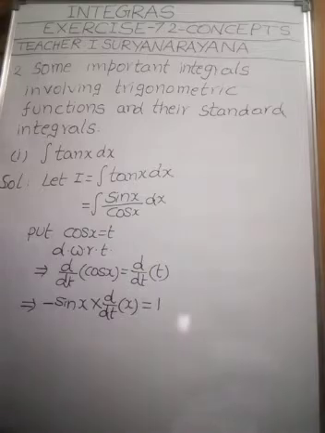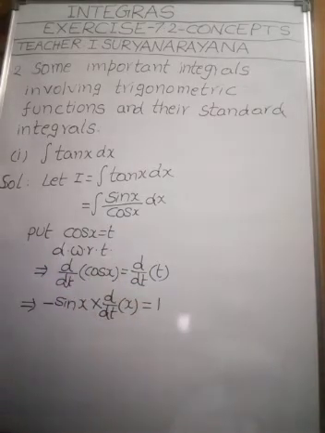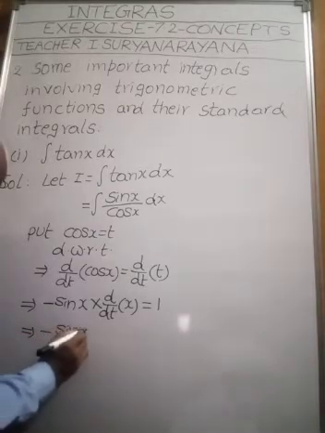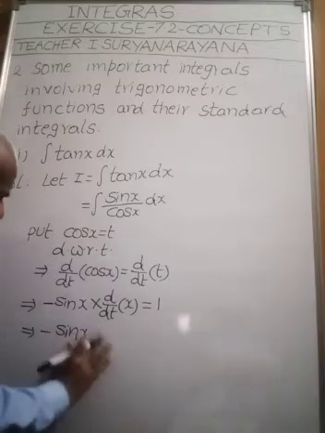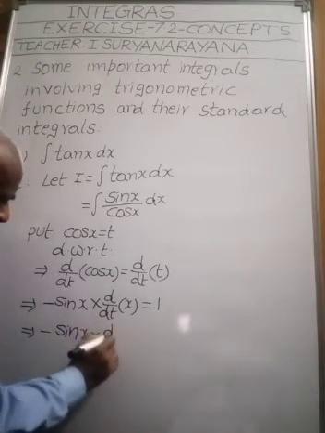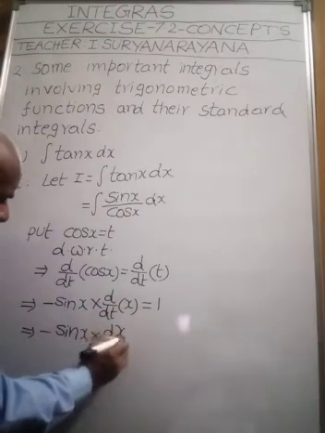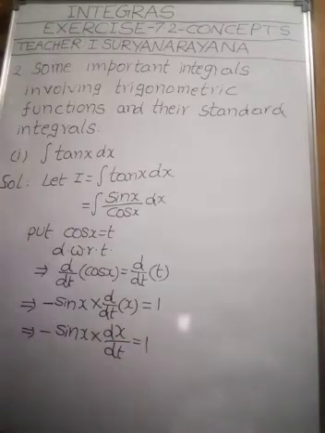What will you get here? 1. Understood this step, my children? Right. This implies minus sin x into d by dt of x. What will you get? dx by dt only. dx by dt is equal to 1. Understood this step, my children?